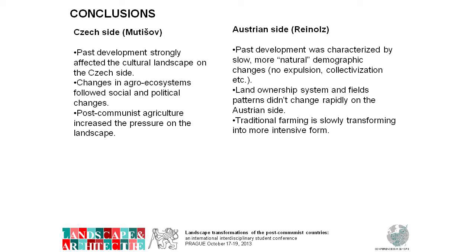The changes in the agro-ecosystem followed social and political changes. On the other hand, land ownership systems and field patterns didn't change so rapidly on the Austrian side. Also, post-communist agriculture today has increased the pressure on the landscape, and it's something that is appearing on the Austrian side too.